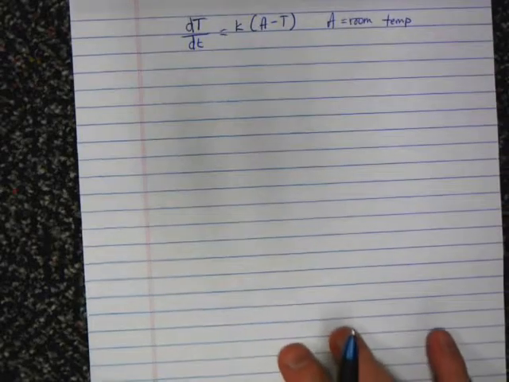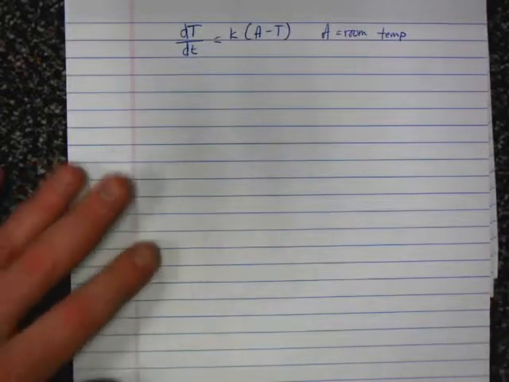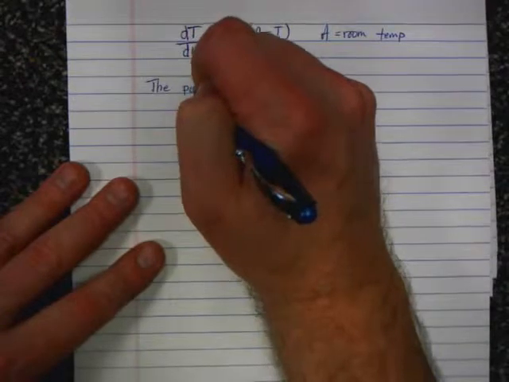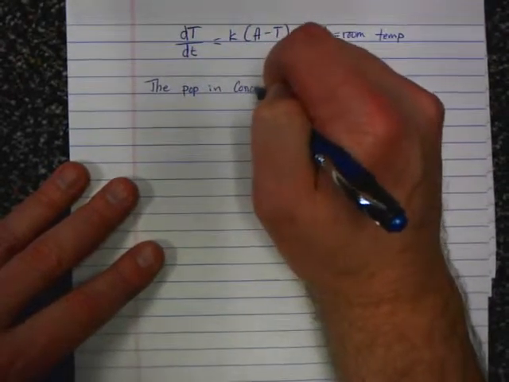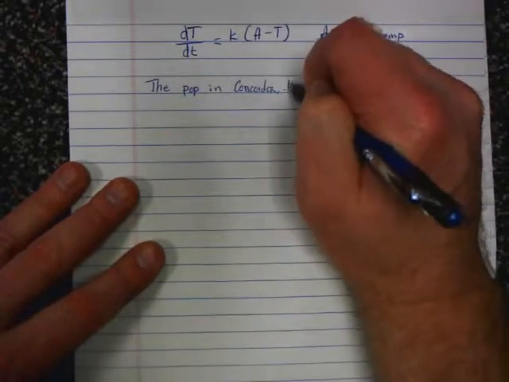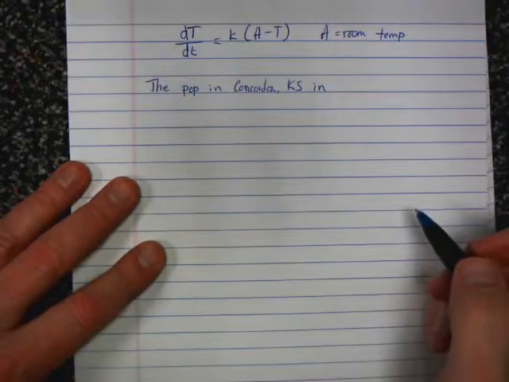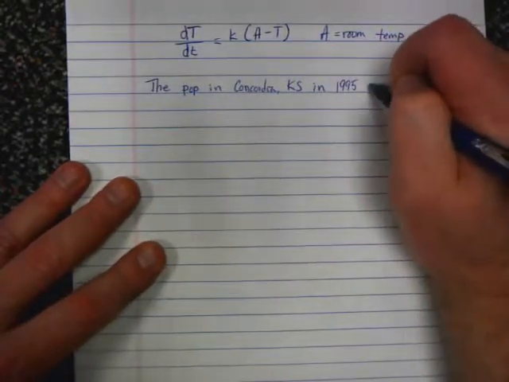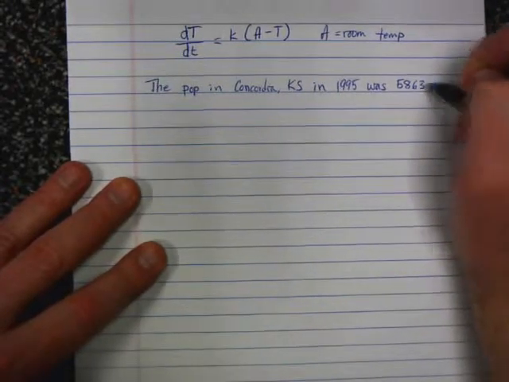All right, so you're going to have some word problems that deal with these in your book. I'll just make one up. The population in Concordia, Kansas in the year 1995 was 5,863 people.